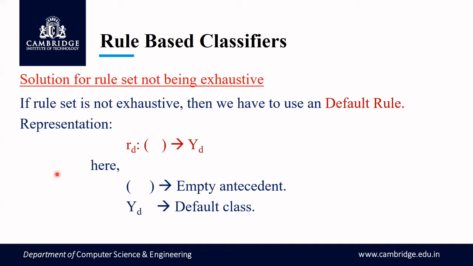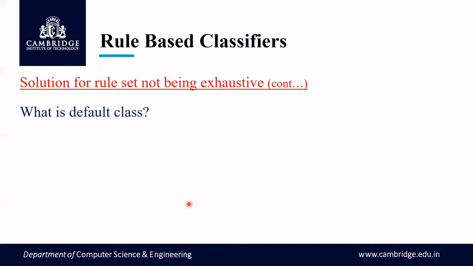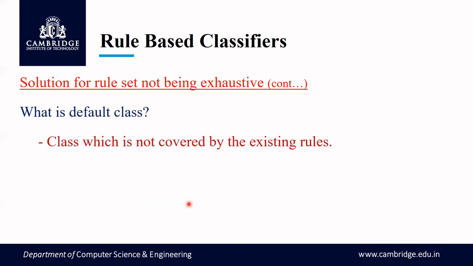Using this default rule, we will be able to overcome this exhaustiveness problem. Now the question is, what do you mean by default class? Which class will you consider as a default class? That is the next question that comes to our mind, right? For this, I can tell that a class which is not covered by the existing rules can be considered as a default class.